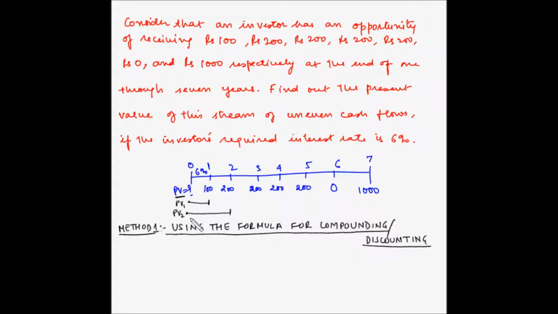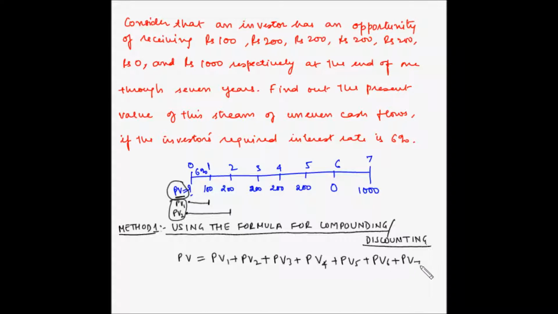And similarly, we'll have PV3, PV4, PV5, and so on up to PV7. Now the addition of all these present values should be equal to this present value here. So PV is equal to PV1 plus PV2 plus PV3 plus PV4 plus PV5 plus PV6 plus PV7.